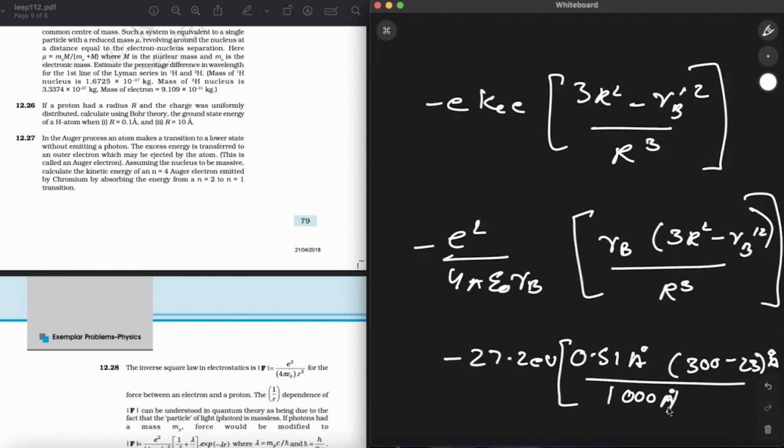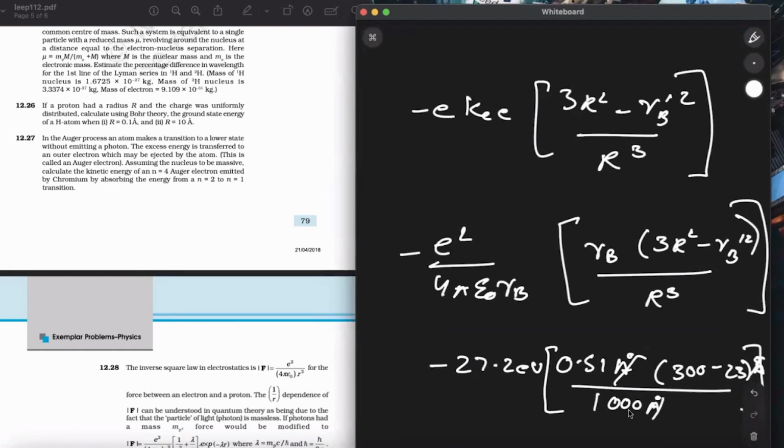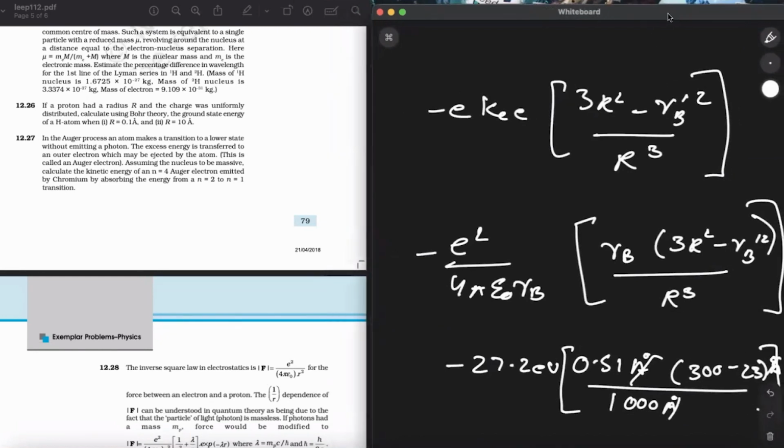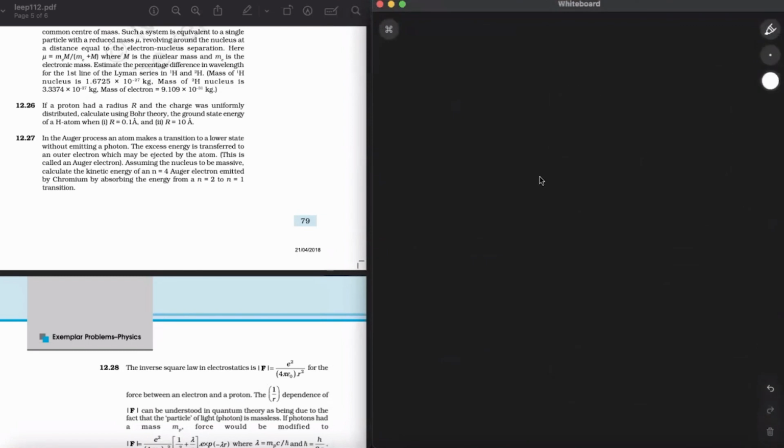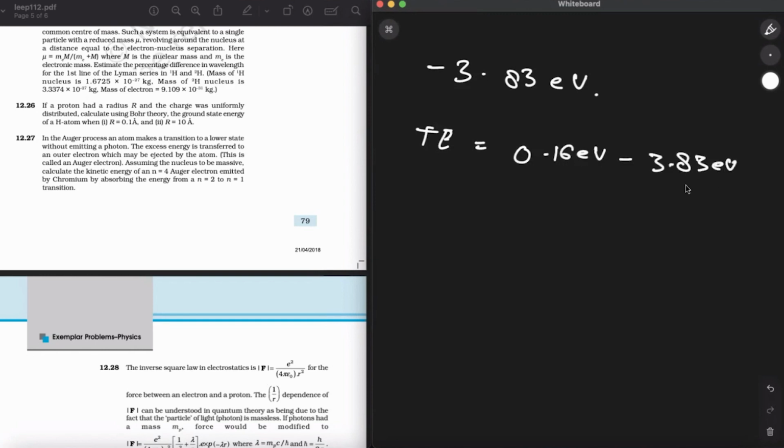Okay, so angstrom सब cancelled out. और इसकी टोटल एनर्जी अगर निकालेंगे तो आएगी -3.83 electron volts. So total energy will be kinetic plus potential. It will be 0.16 electron volt minus 3.83 electron volts. And this I can write as minus 3.67 electron volt.